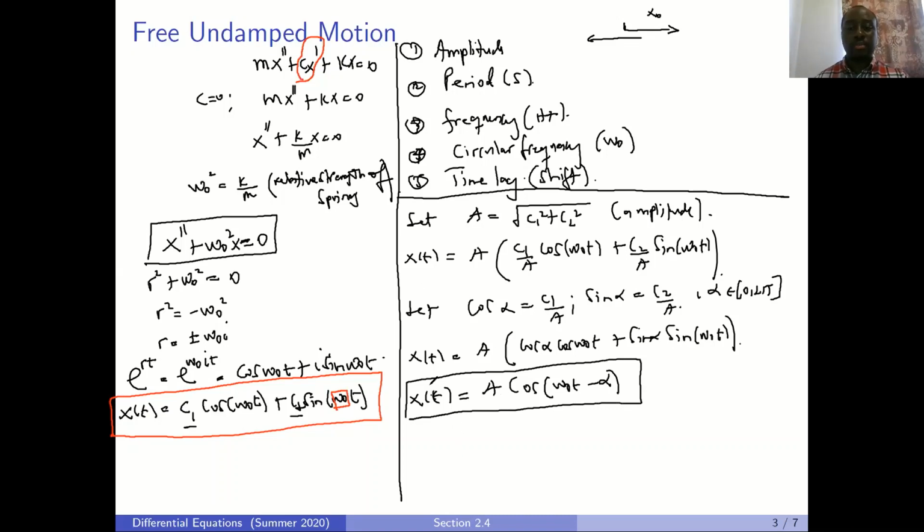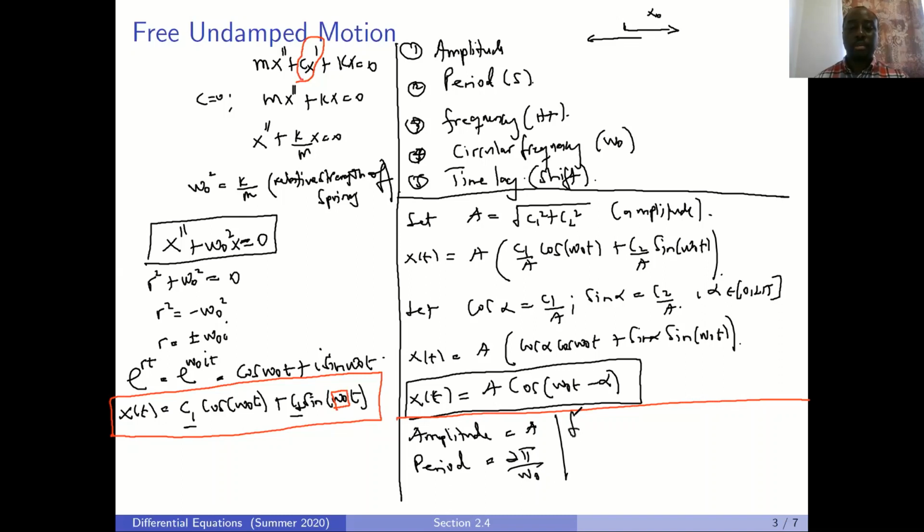So then it's very clear here that the maximum value of this function is going to be A, so my amplitude is going to be A. My period, since the original period of the cosine is 2 pi, and we have scaled this cosine by w0, is going to be 2 pi over w0.